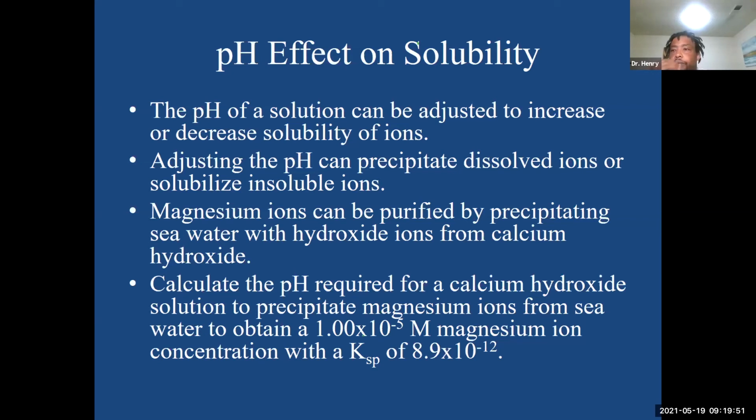So in this situation, you're going to be looking at the formation of a precipitate, right? Are you with me on this? You understand where I'm coming from? So in other words, if I'm looking at the magnesium ion, I'm looking at the magnesium ion plus, in this case, OH minus, okay?